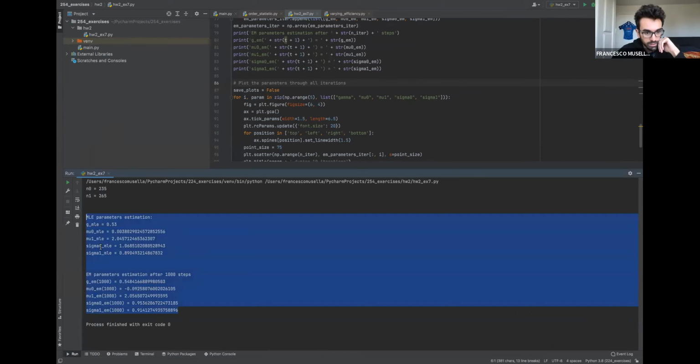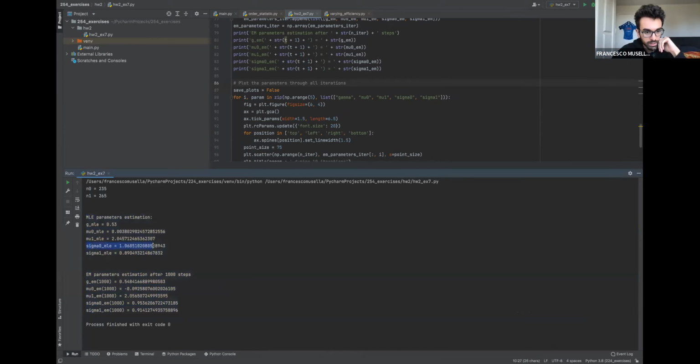For instance, the MLE for sigma 0 is 1.07, and for EM after 1000 steps, which is pretty much at saturation convergence, it's 0.95. So it's about a 0.01 difference. Okay, I think in this case it's fine. You just report what you find in the homework.